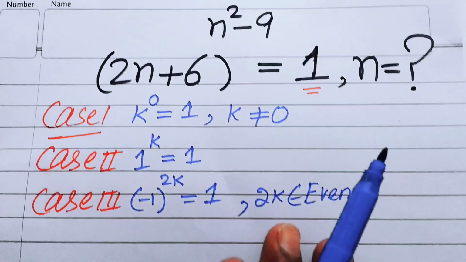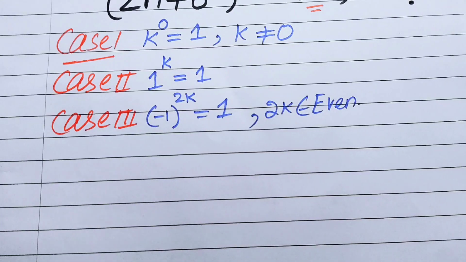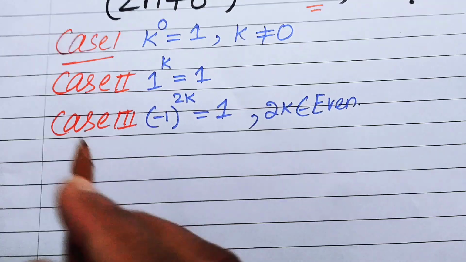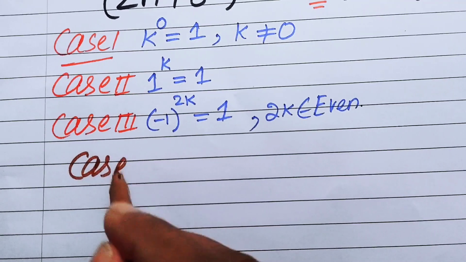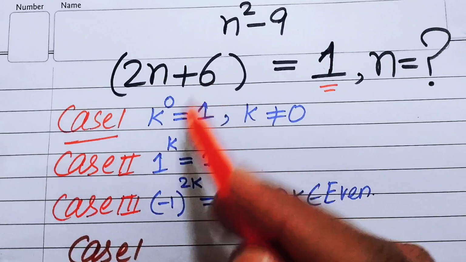So now we compare our given question statement with these three cases. First we move towards case number 1. In case number 1, we compare the left hand sides of these two equations.